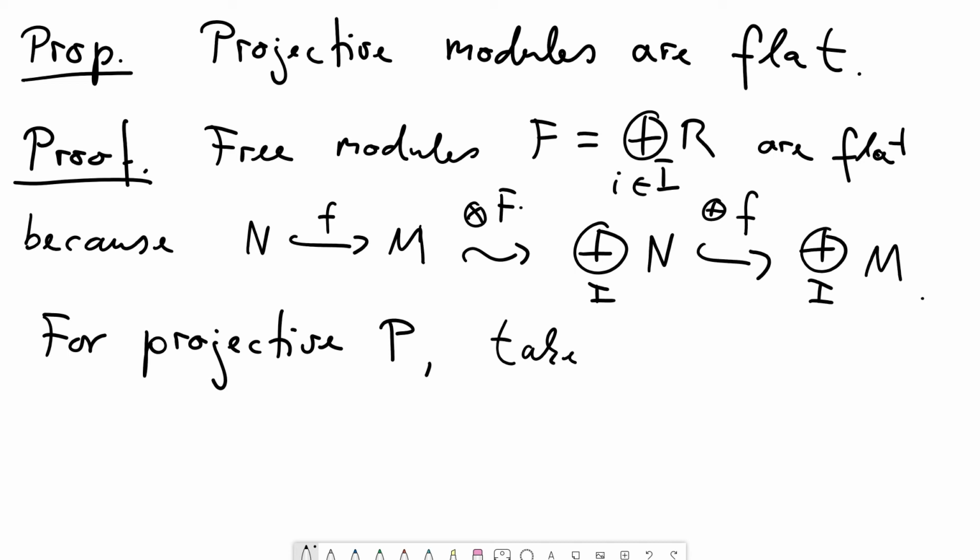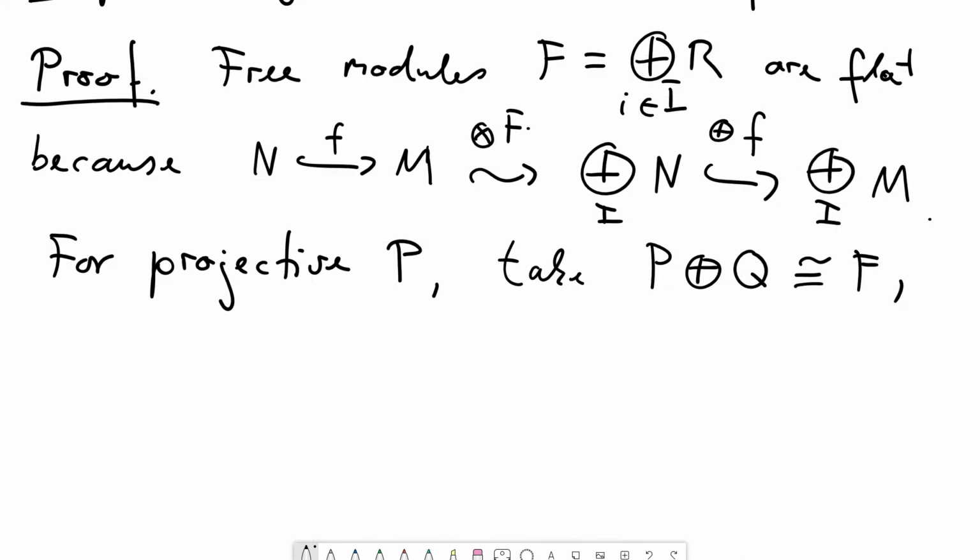So we take a complement Q such that the direct sum P plus Q is a free module. And in this case, I again have to apply my tensor functor to such a monomorphism F here.